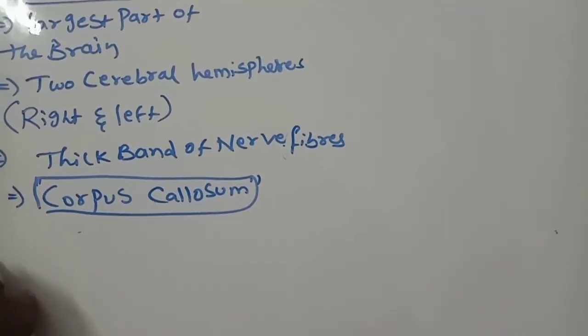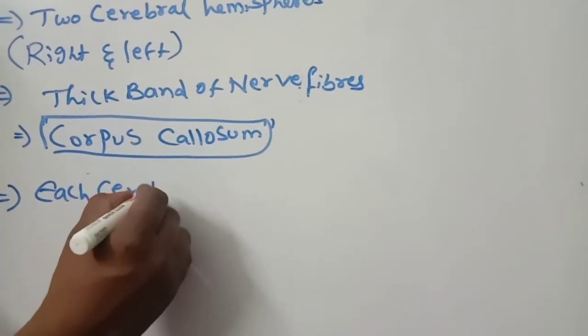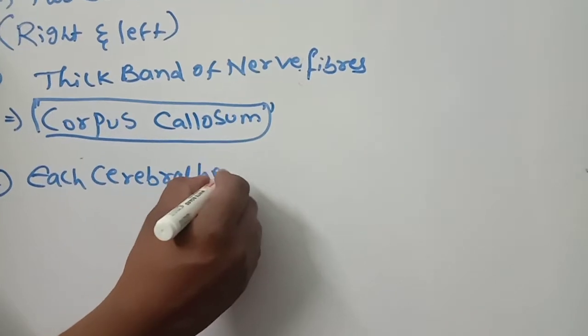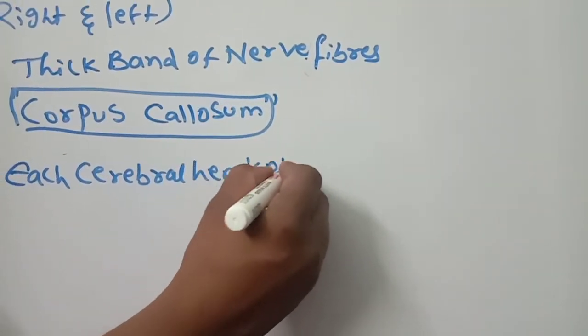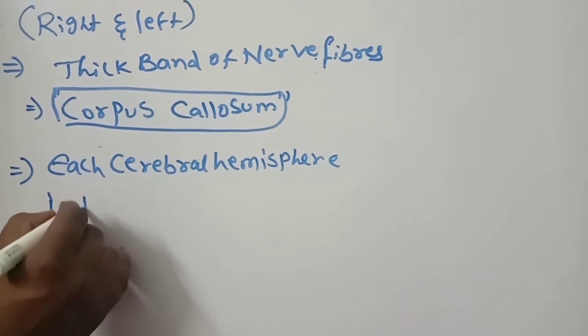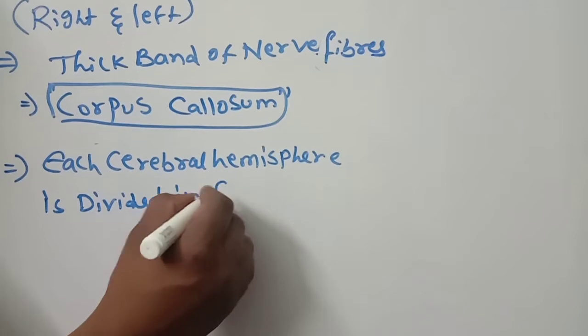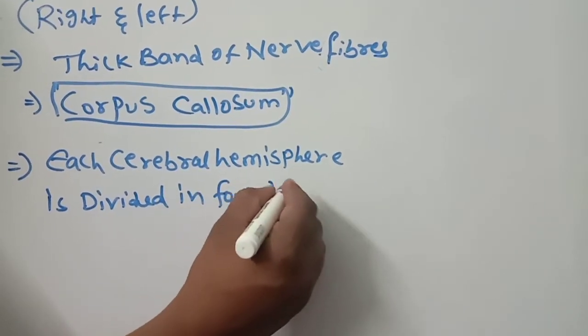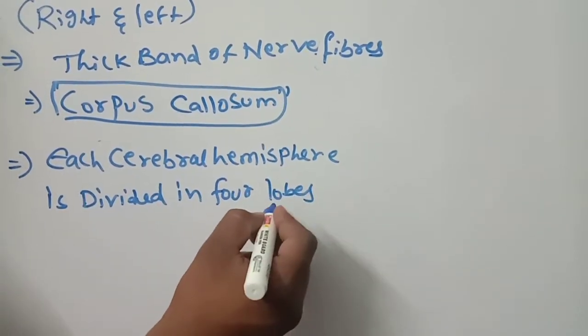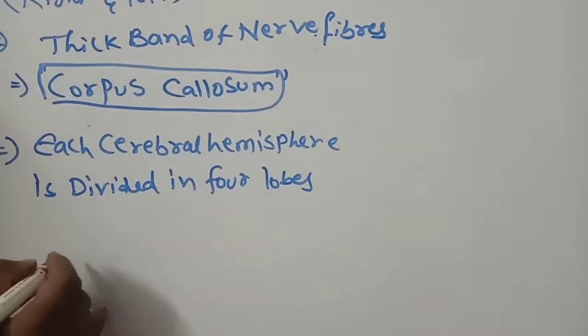Next, another important point: each cerebral hemisphere is divided into four lobes. How many lobes? Four lobes. This point also you have to remember.